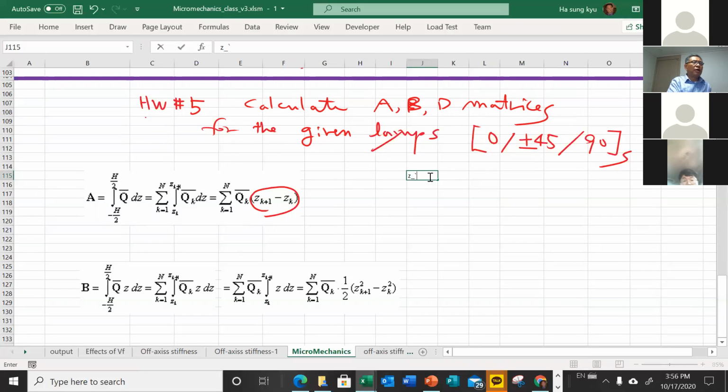Let's say you have a Z1 and Z2 and Z3 and Z4 and so on. So each one has a thickness.